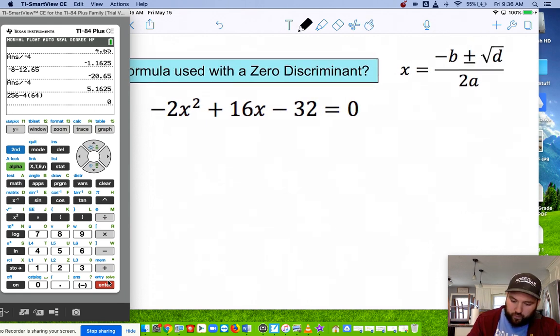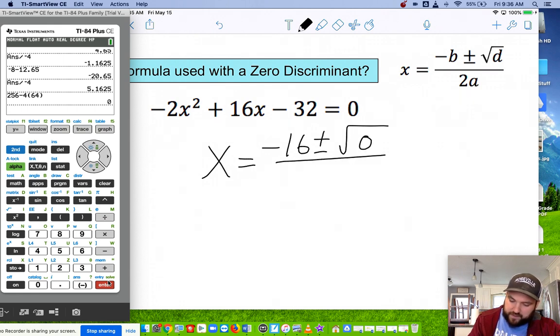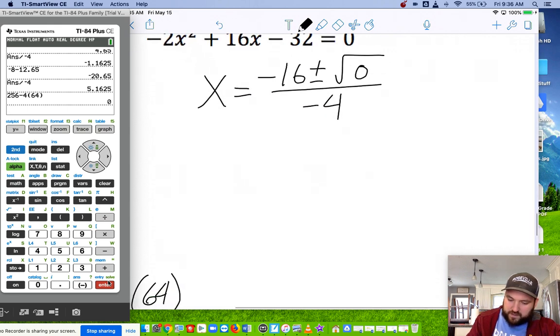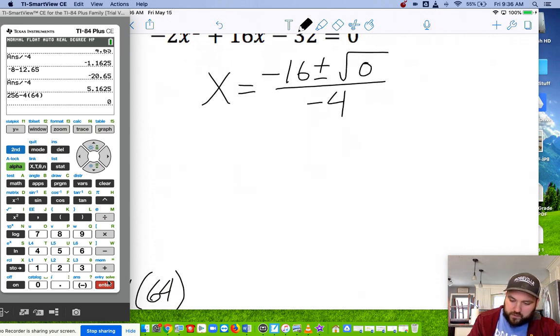But let's see why that is. So the opposite of b is the opposite of 16, which is negative 16, plus or minus the square root of the discriminant, divided by 2 times a. If a is negative 2, then 2a is negative 4. So I'm going to go ahead and split this up. I get negative 16 plus the square root of 0, which is 0.